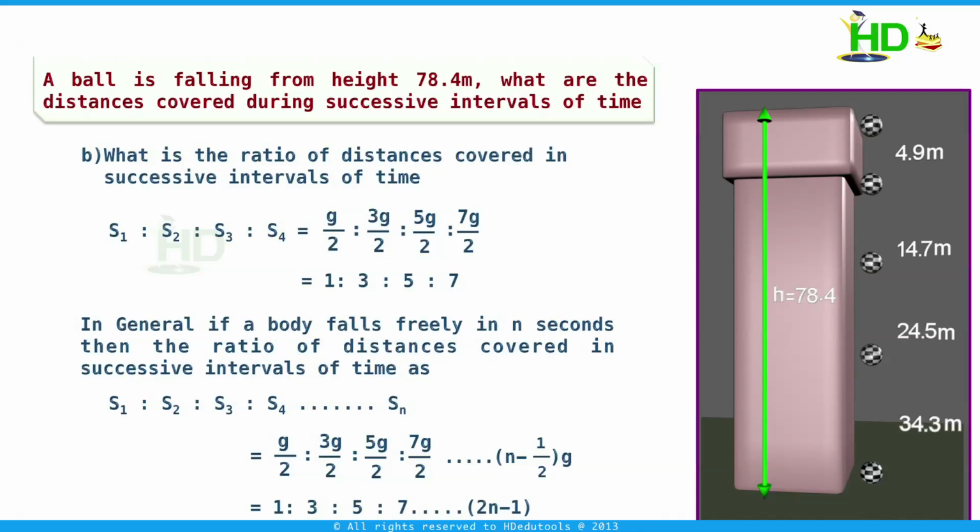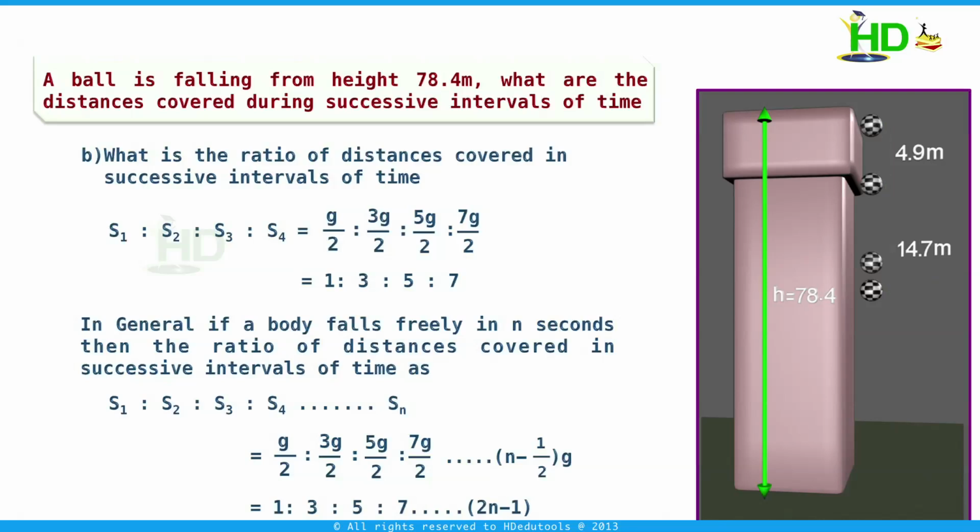And one more important thing we have to observe in this problem. The displacement covered in the first second is 4.9 meter. The displacement covered in the second second is 14.7 meter. What is the difference between these two? Yes, 9.8.